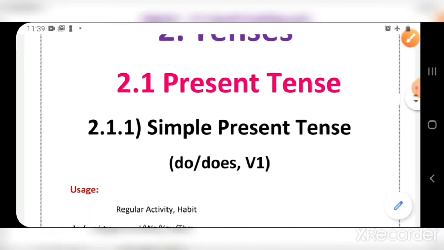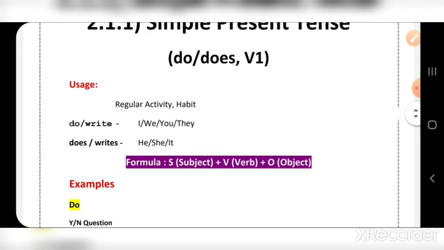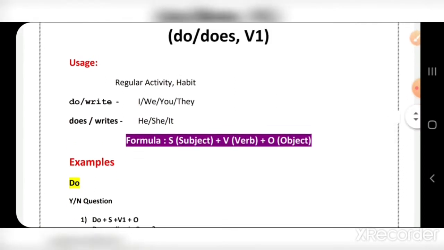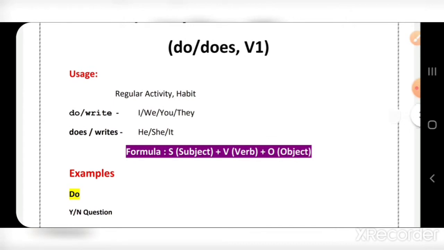So let's get started. We will first learn what is its use. Okay, when do we use simple present tense? What is its use in spoken English? So when we talk about our daily activities, regular activities, we use simple present tense.